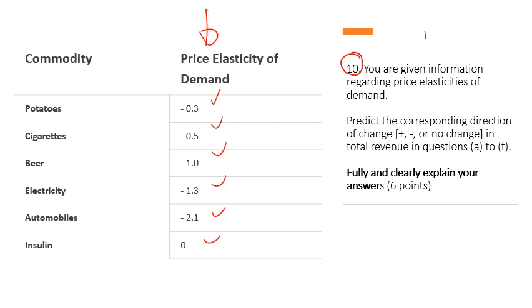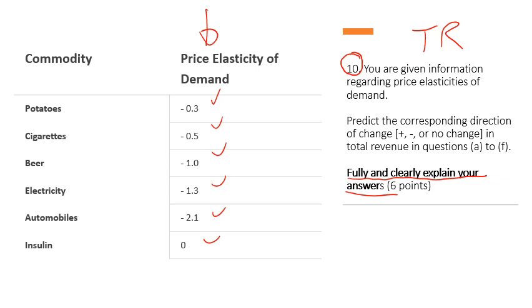So you have to tell me what happens to total revenue in these 6 cases. All right? And then you have to fully and clearly explain each one of your answers.